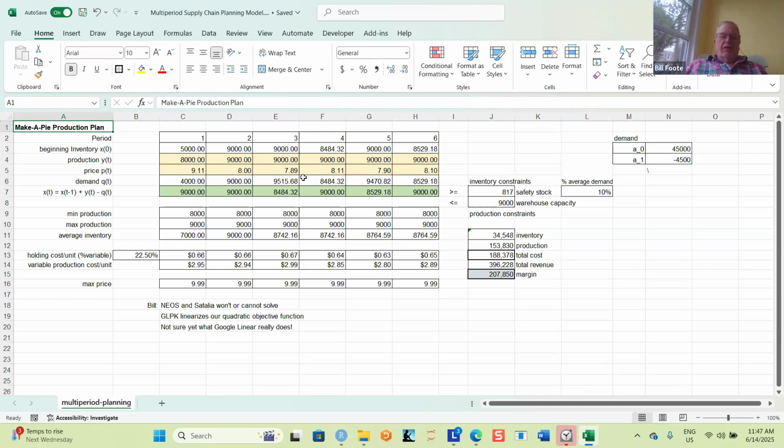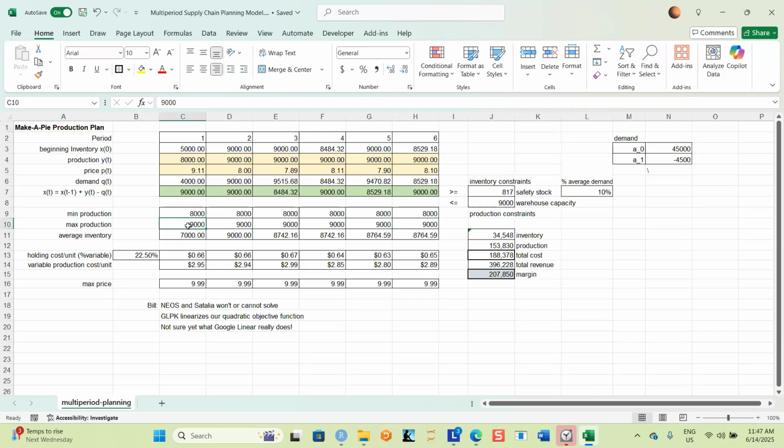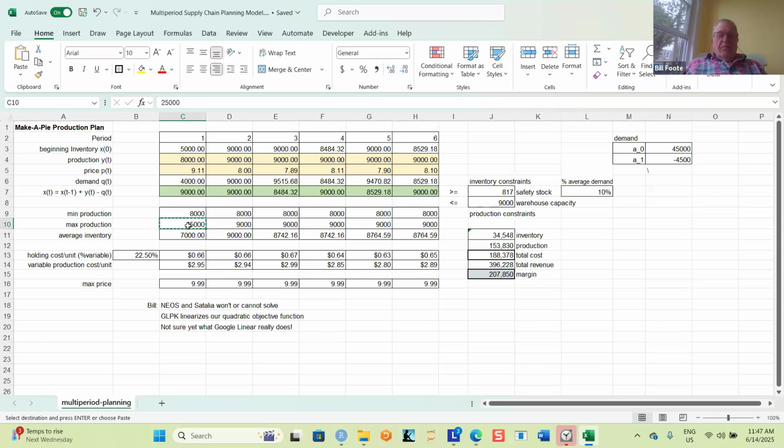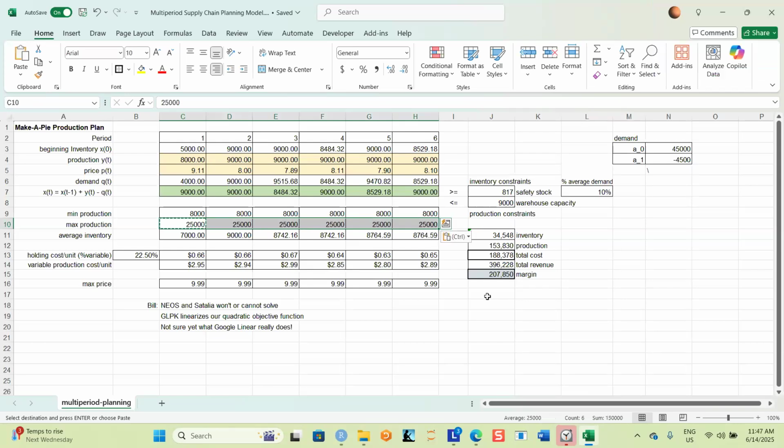I'm curious. I'm just going to open this valve up. I bet it will just take in as much of it as possible. And watch that margin go up. Watch that margin. It's only 200,000, and still the same demand structure.